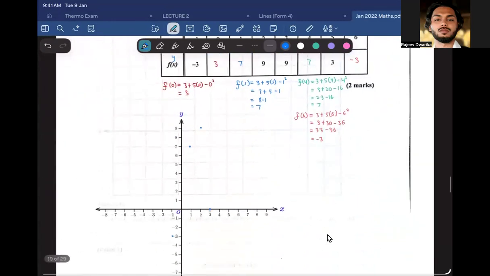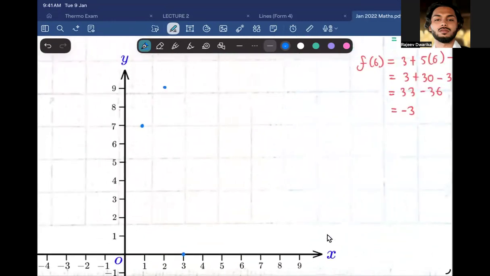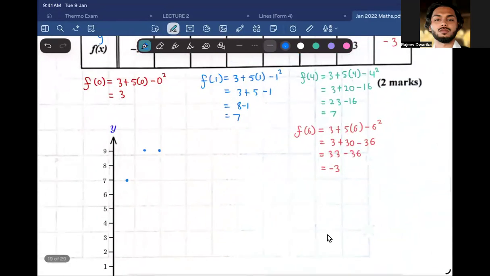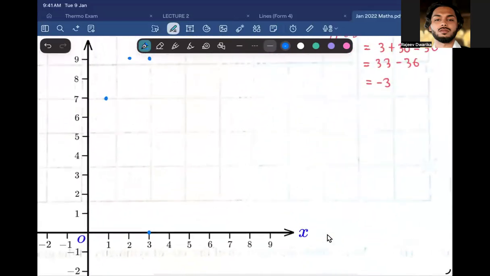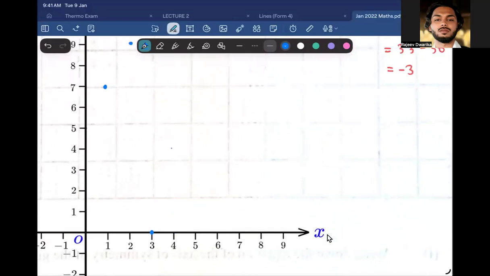Then we have (3, 9), which will be like right here. Then we have (4, 7), which would be like right here.